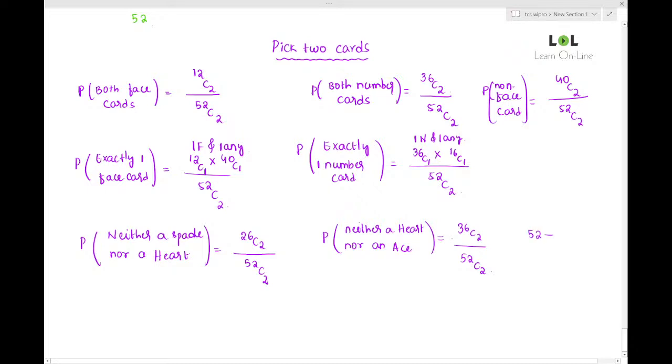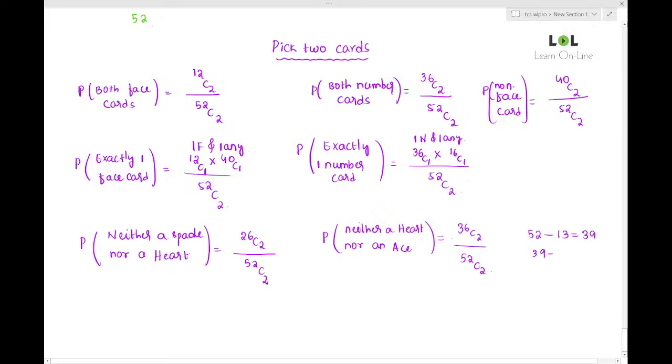Out of them, neither a heart means you have to remove all the hearts. How many? 13. What is left over? 39 cards are there. From these 39 cards, you need to remove all the ace cards. How many ace cards are there? 4 ace cards are there.